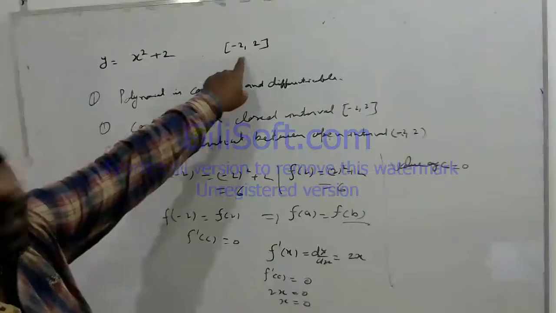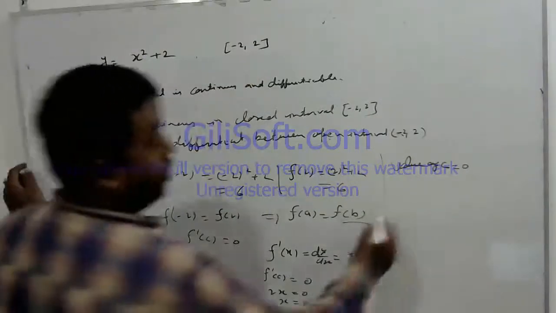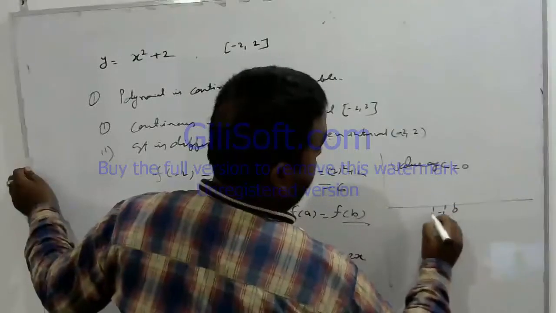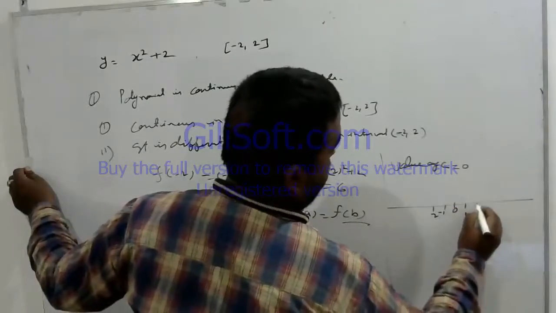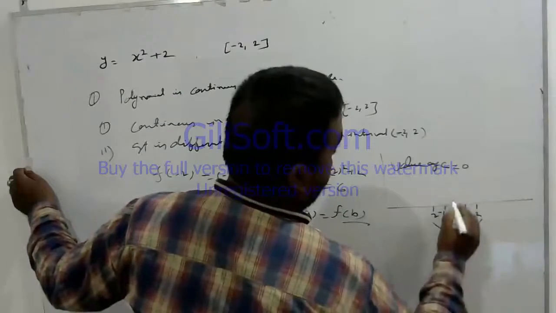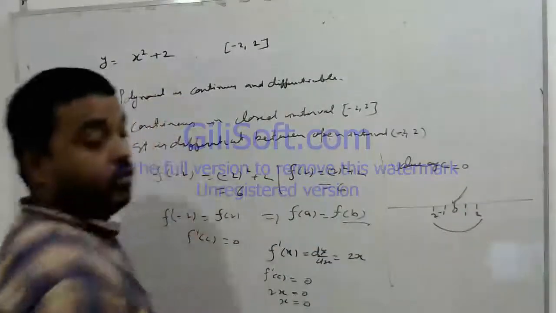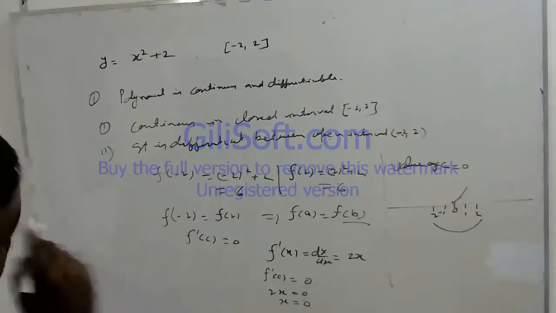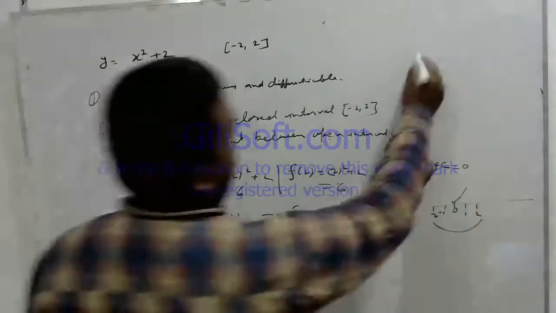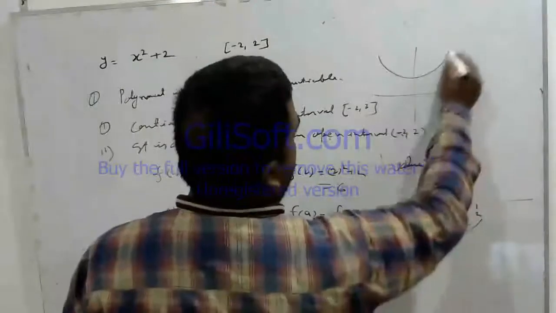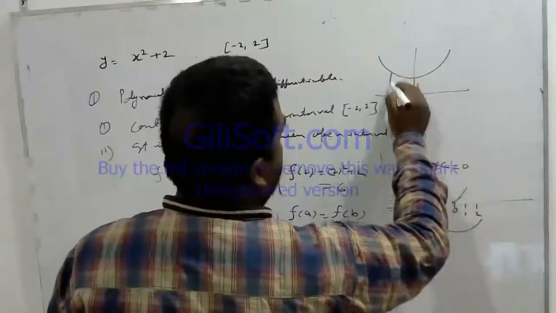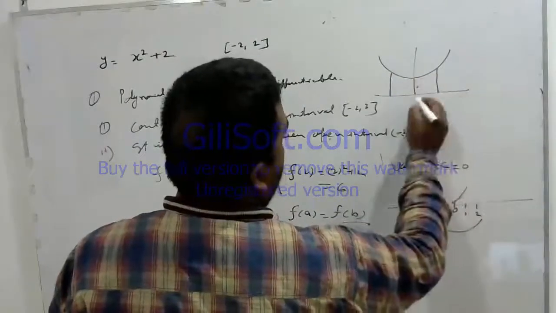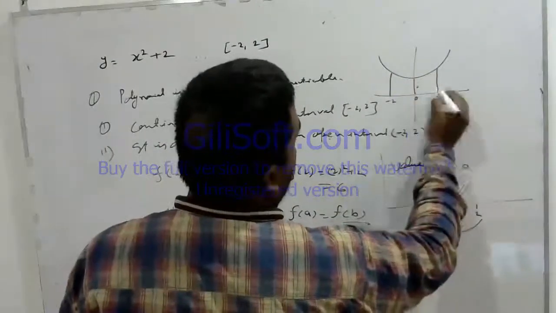And you can check it, 0 must lie between minus 2 and 2. On a number line, this is 0, minus 1, minus 2, this is 1 and this is 2. So between these two, 0 lies. So if we draw the given curve, the shape of the curve is in this way. This is 2, and this is 0, minus 2, 2.